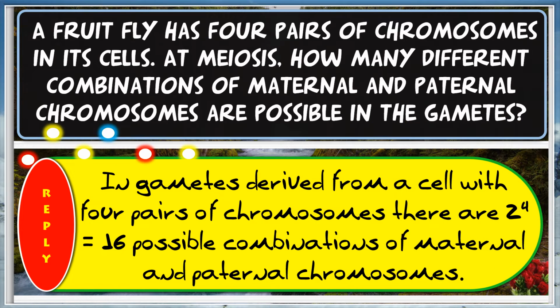In gametes derived from a cell with 4 pairs of chromosomes, there are 2 to the power 4, which equals 16 possible combinations of maternal and paternal chromosomes.